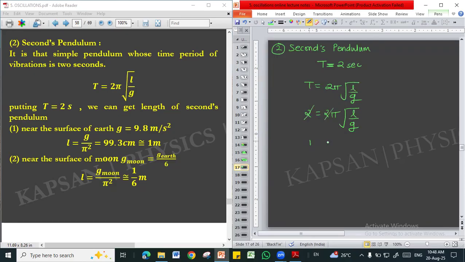Squaring on both the sides, we will get pi square equals L by G. So this L must be a specific number, and that has to be G by pi square. You cannot have any length you want. The length has to be G by pi square. Is the condition of pendulum to become seconds pendulum clear to all of you? Yes, sir.